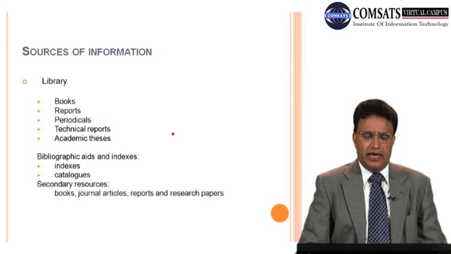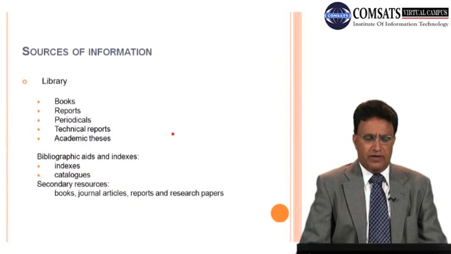In bibliographic aids, the full information about the text, for example, the title of the text, the name of the author, the date of publication, and other information is provided in the form of catalogues or indexes.